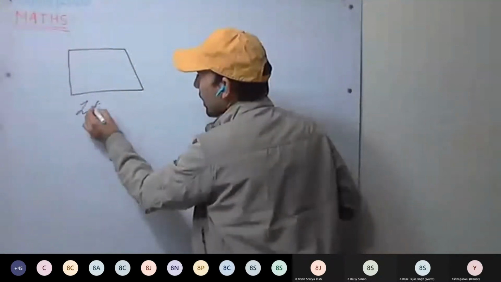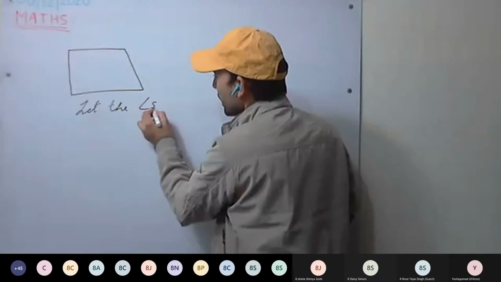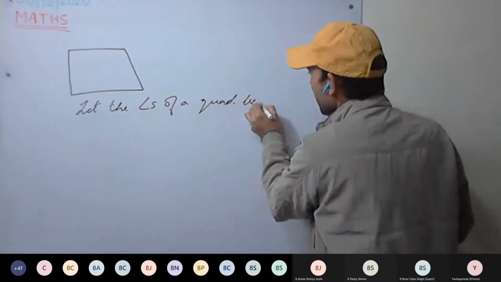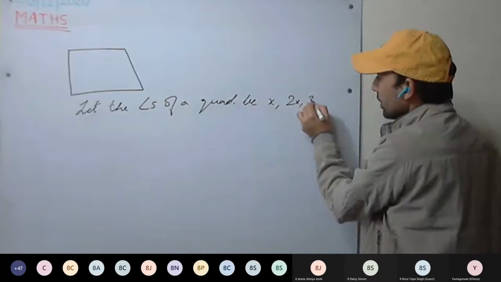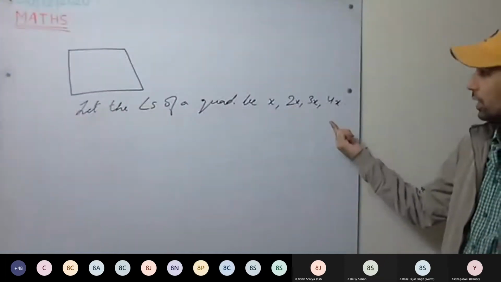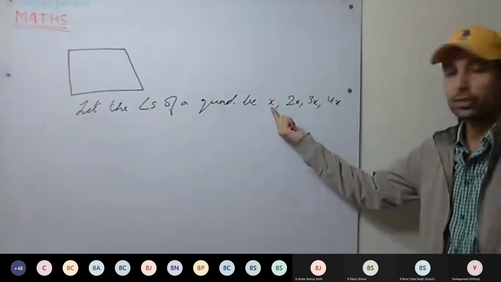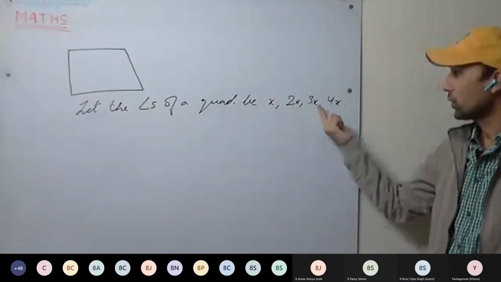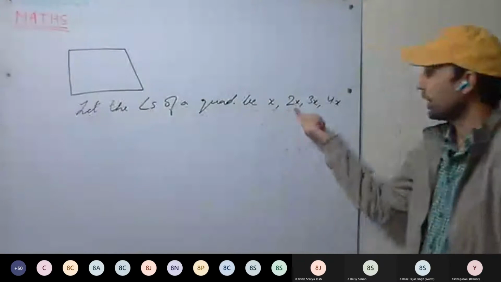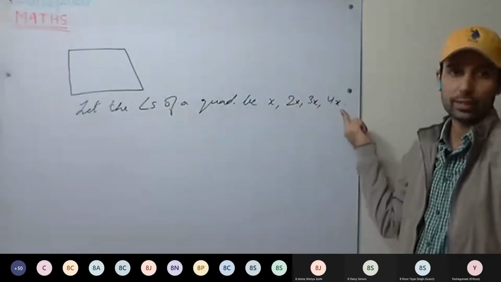Let the angles of a quadrilateral be x, 2x, 3x, 4x. Ratio understood? If we take the ratio, again it will be 1:2:3:4.